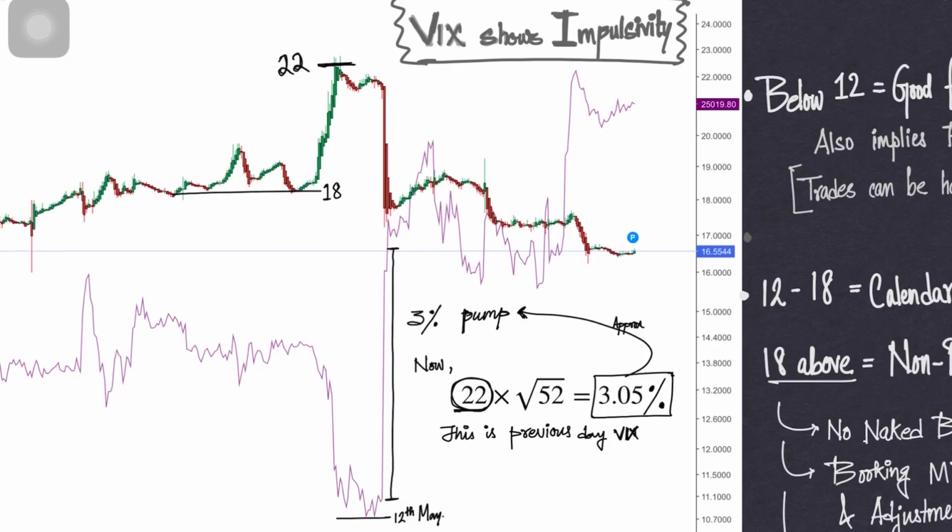So on the 9th of May, I have the VIX level at 22. Multiplying it with the square root of 52, I get 3.05%, which is exactly the pump the market experienced on 12th May Monday.